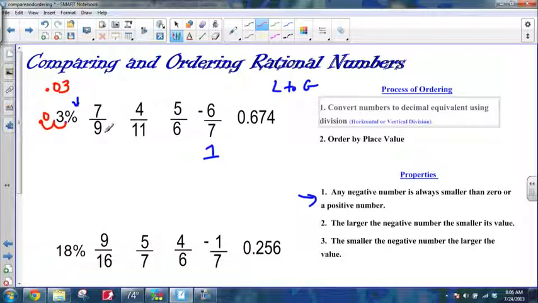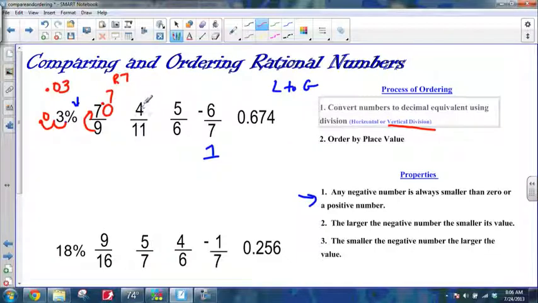Now we'll move on to the fractions. I'm going to use vertical division, which means I'm going to leave the fraction as it is and put in the decimal point. And remember, when I don't see the decimal on the 7, it's behind the last digit. And then add a 0. I will do this for each fraction. So 9 goes into 70 7 times with a remainder of 7.